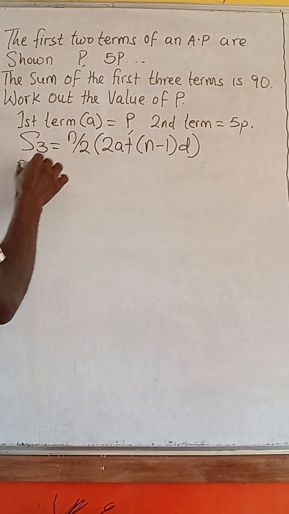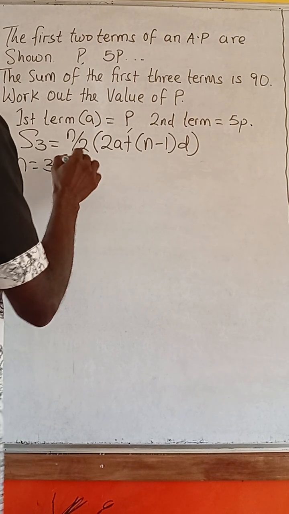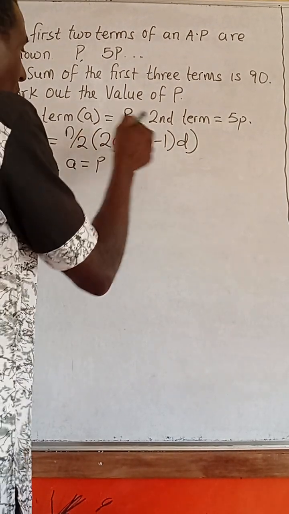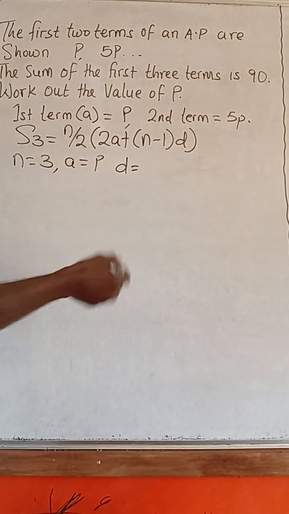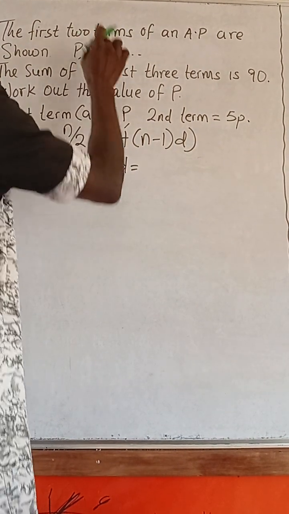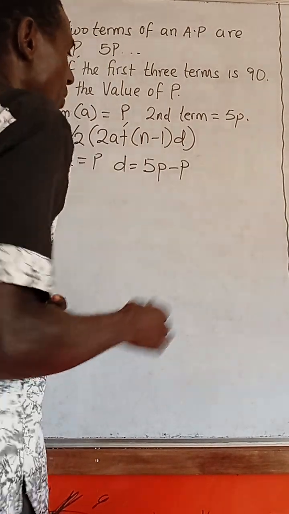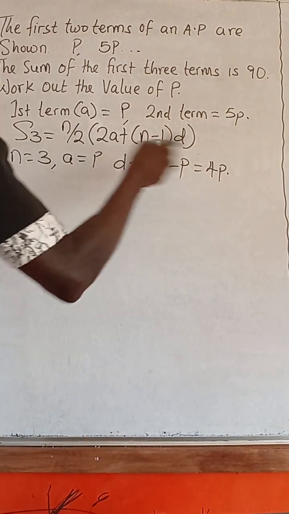So our n is 3, and our a, according to what we are given, is P. Then our d, which is the common difference, is second term minus first term. Our first term is P, second term is 5P, so we have 5P minus P, and that will give us 4P. So that's the common difference.